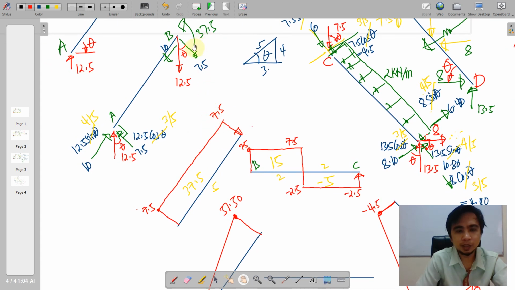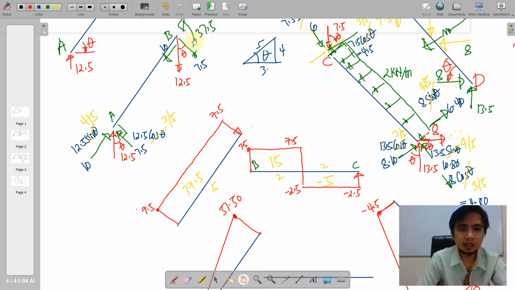So negative, I should say, because if we are going to pin this and then apply this couple, it will tend to bend our frame inwards. So that is an inward, so therefore this should be negative 37.5. And from this, it will just close your diagram back to 0.